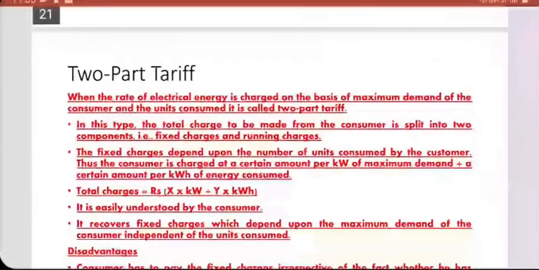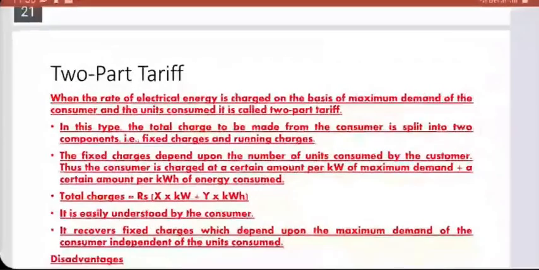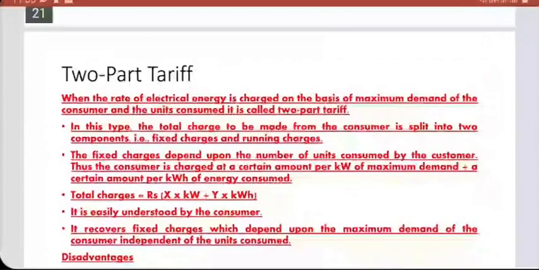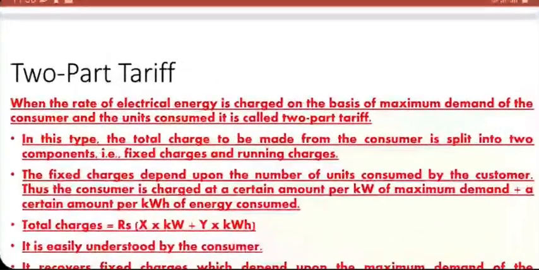Two-part tariff, it's a combination of previous methods. When the rate of electrical energy is charged on the basis of maximum demand of the consumer and the units consumed, it is called two-part tariff. In this type, the total charge to be made from the customer is split into two components.